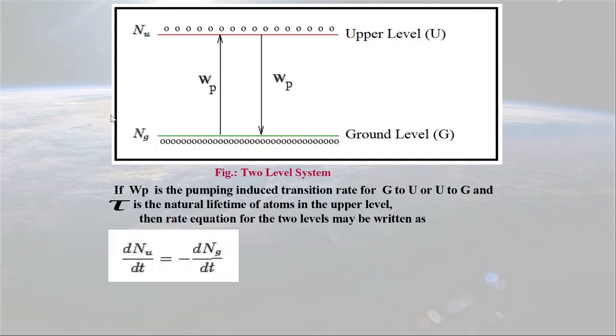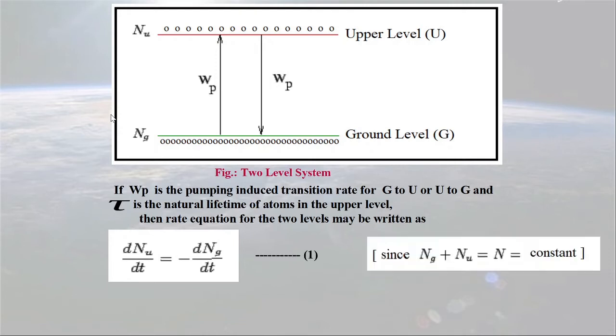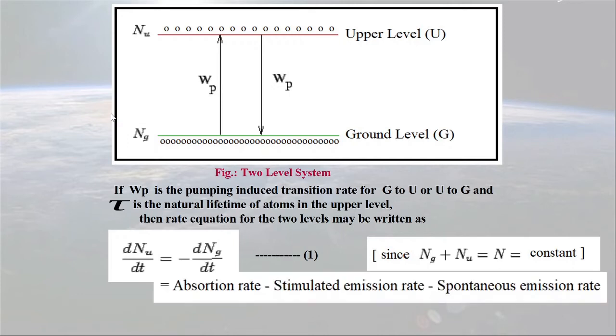dNu by dt equal to minus of dNg by dt. Since Ng plus Nu equal to N, that is equal to the total number of atoms in the system, which is constant. Now this must be equal to the absorption rate minus stimulated emission rate minus spontaneous emission rate.